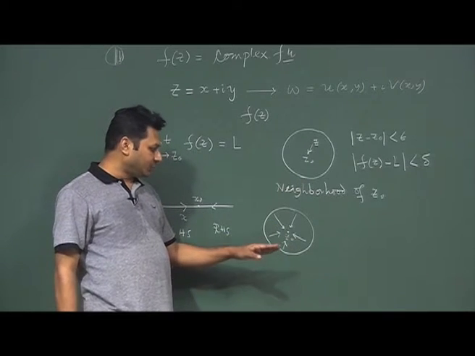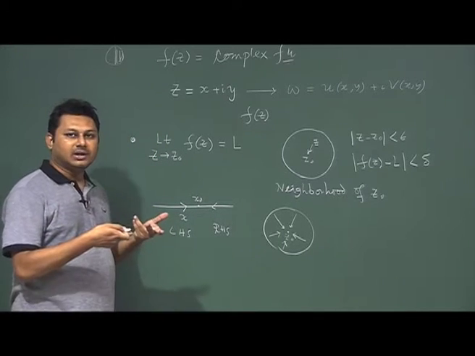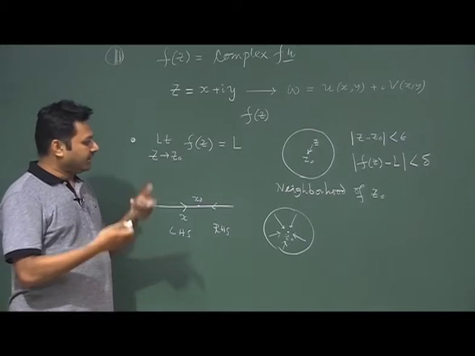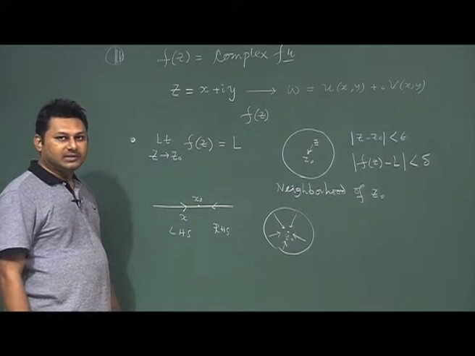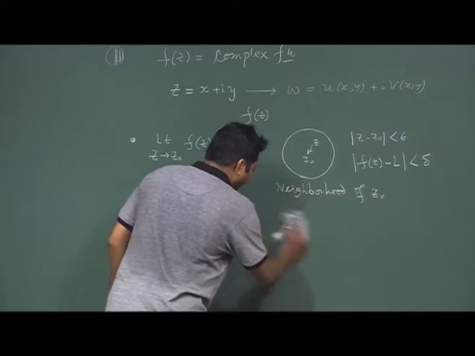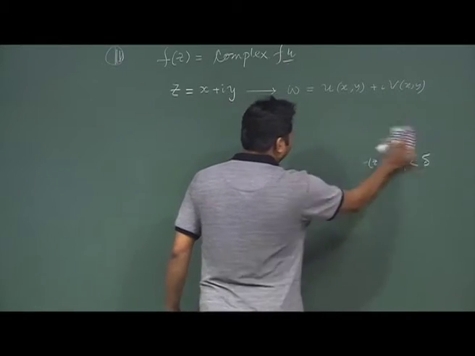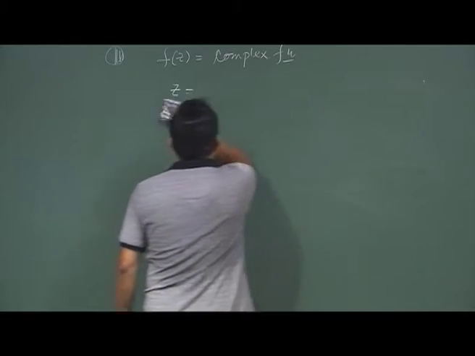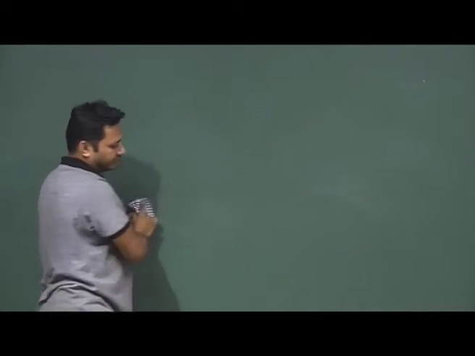In the last class we showed that there are a few functions where if I approach from one direction I will have one limit, and if I approach from another direction I will have another limit. That means the limit does not exist. So it is important that from all approaches I have the same value, and only then can we say the limit exists.